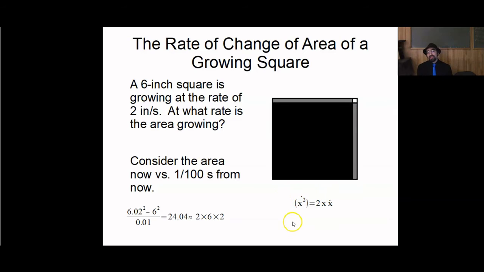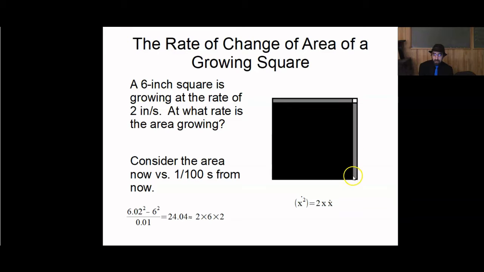So, some notation that's used by mathematicians, engineers, physicists, and other scientists. A dot over a quantity means the rate at which something is changing. So we get that the rate at which x squared is changing is 2 times x times the rate at which x is changing. We get this length times this little piece here, an x times an x dot.